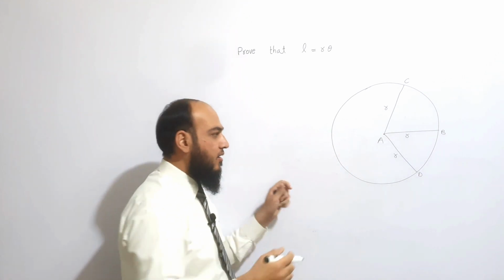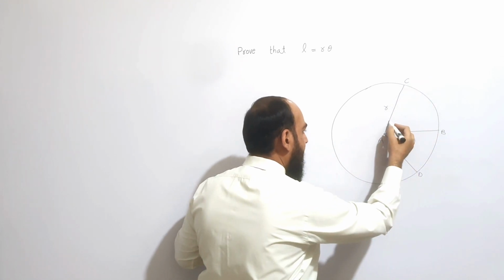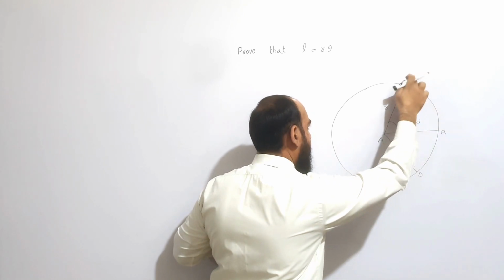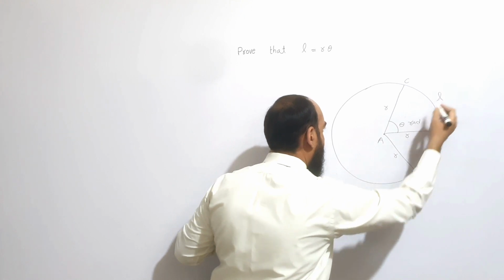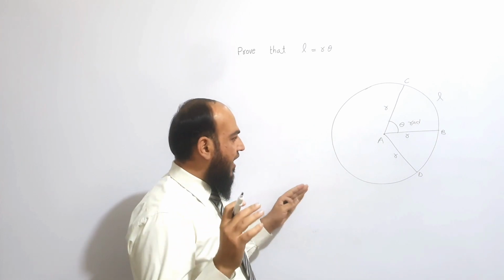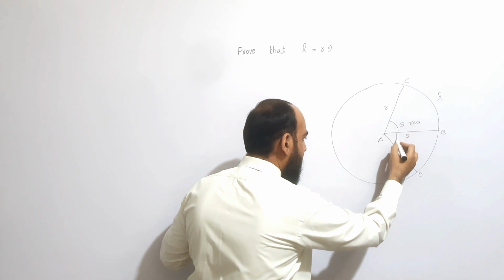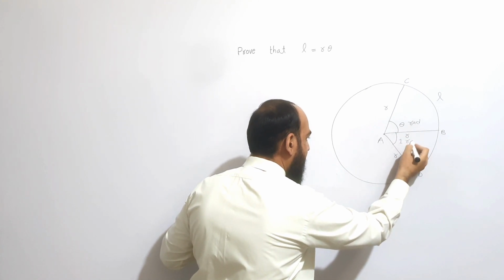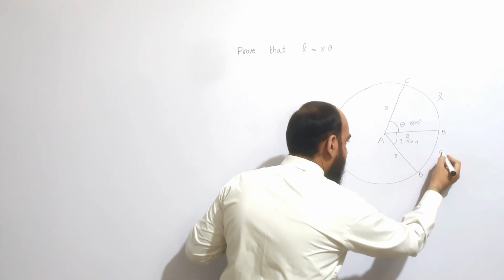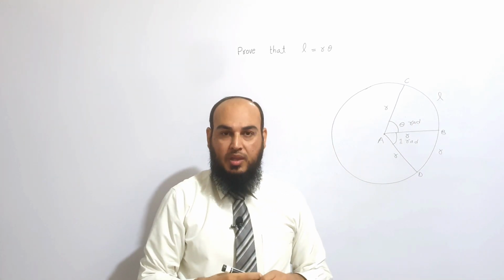The first thing is that if the angle between the radius AB and radius AC is theta radian, the length of the arc BC will be equal to L. And the second thing is if the angle between radius AB and radius AD is 1 radian, then the length of the arc BD is R radius.